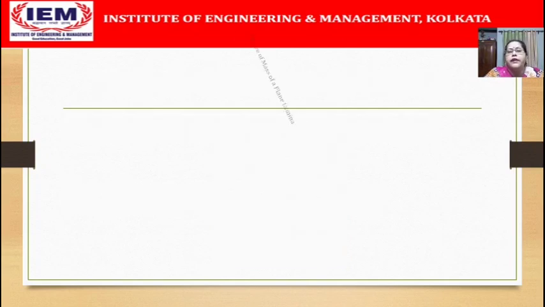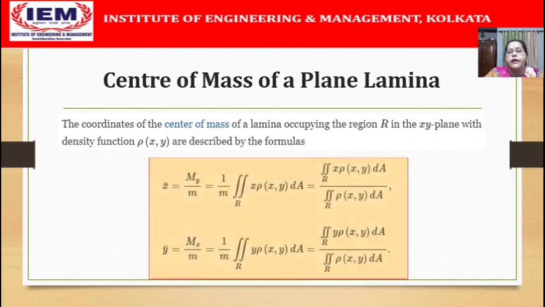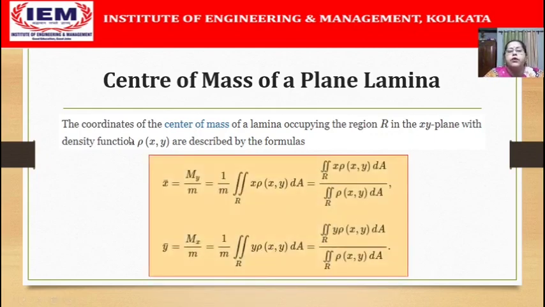Now we can define the center of mass. The coordinates of the center of mass of a lamina occupying the region R in the xy plane with the density function rho(x,y) will be given by the following formulas. x bar equals My by M, that means the static moment about the y-axis divided by the mass of the lamina.